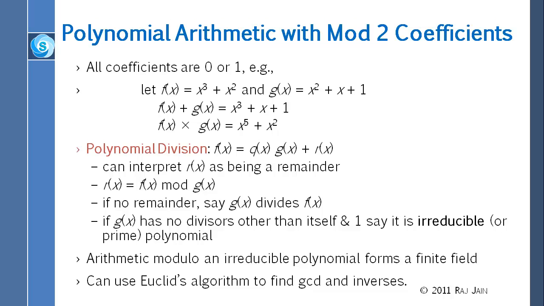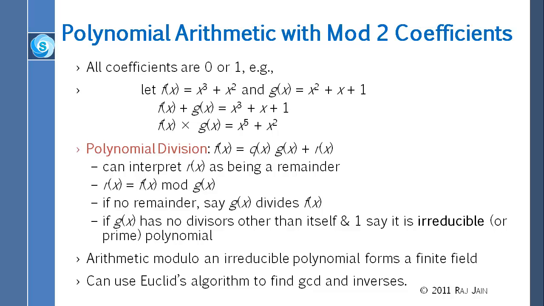Can you factor that? x squared plus 1 is equal to x plus 1 times x plus 1. In fact, when you do it, x squared plus 2x plus 1, 2x is 0, so you get x squared plus 1. So this is not a prime polynomial. What about x squared plus x plus 1? That's a prime polynomial. You can try it out, there's no factor. And so on and so forth.